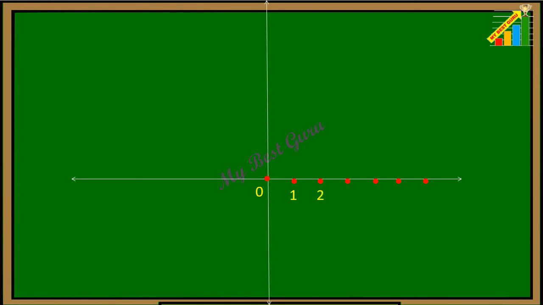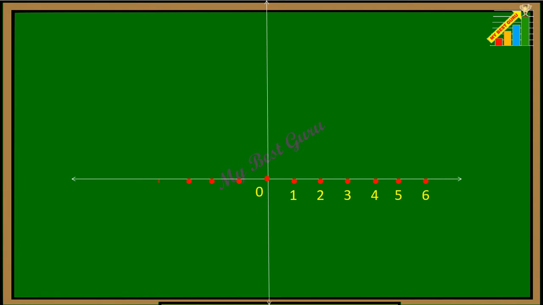Now we will go for the graph. Just draw the graph with x-axis and y-axis. The first point is 0, where the axes meet at one point. Now just mark out the points on the x-axis: 1, 2, 3, 4, 5 and 6.